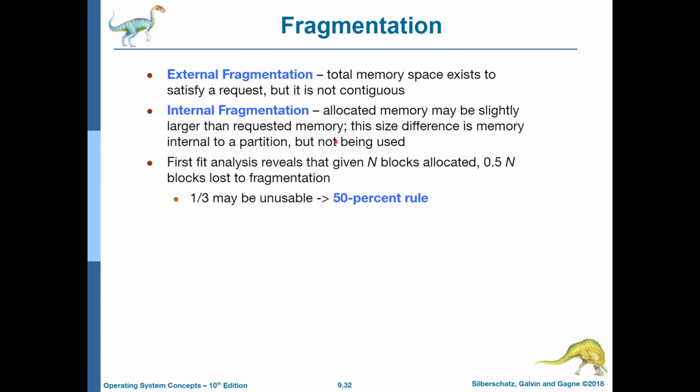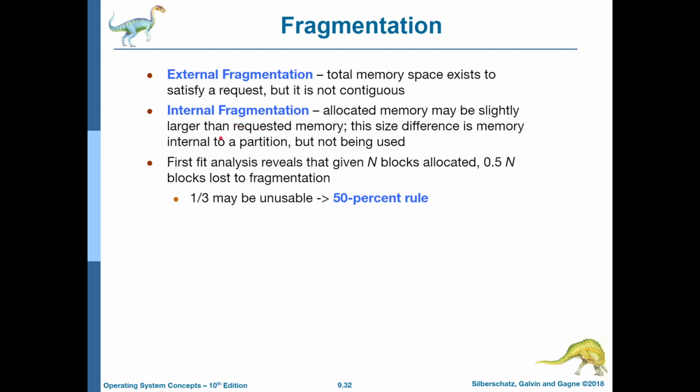That's what it thinks it needs. That's all it's going to attempt to use. So if 8 kilobytes is allocated for that 5 kilobyte process, there are 3 kilobytes that are unused within that particular partition. We call that unused space internal fragmentation.